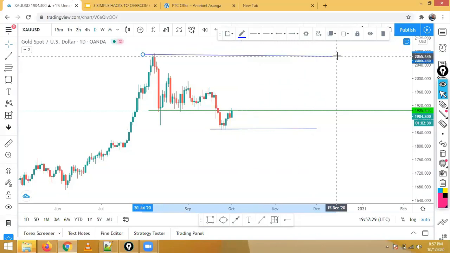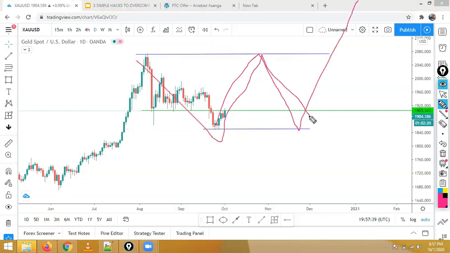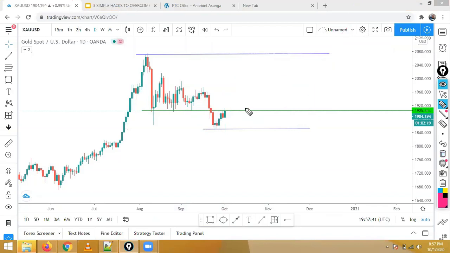So this may be a bigger correction here before gold keeps pushing up. Gold will do something like this: push up, drop down again, then continue to push. So this is A, B, and C. Sometimes I won't be surprised if price drops and, instead of stopping here, goes a little bit lower so that it can trap sellers, then pushes up again.